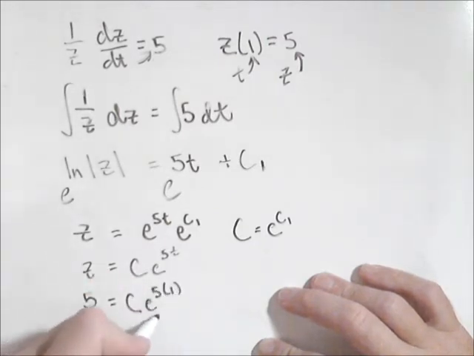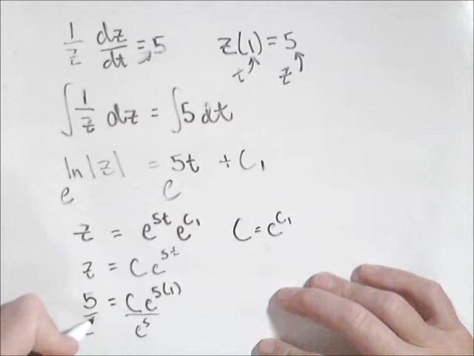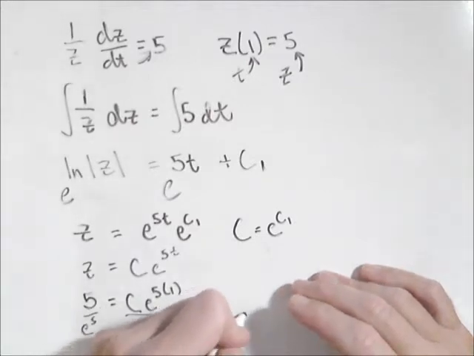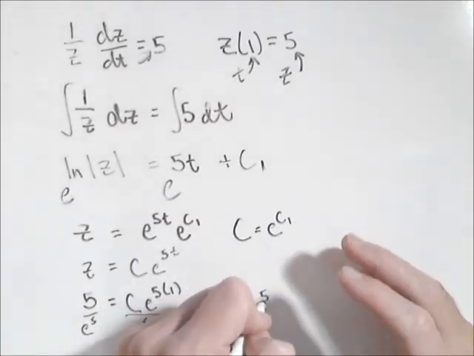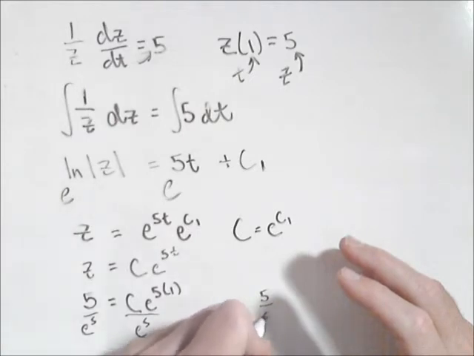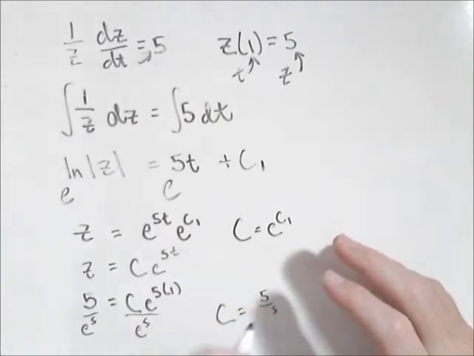So solving that for c by dividing by e to the 5th on both sides, we get not the prettiest c, but we're going to get c equals 5 over e to the 5th is our constant.